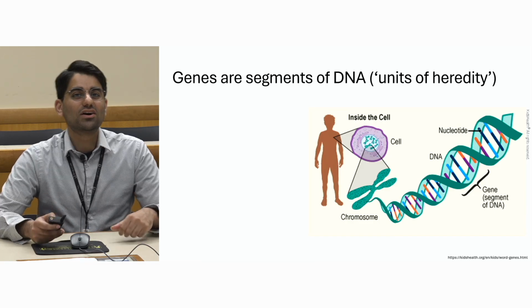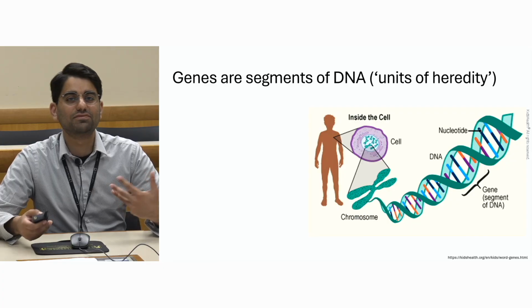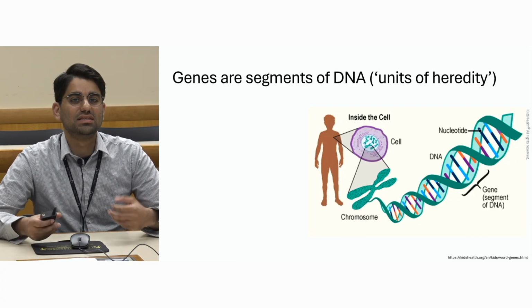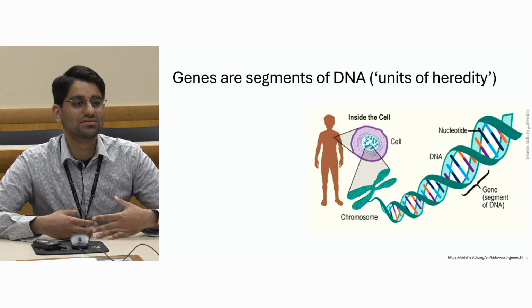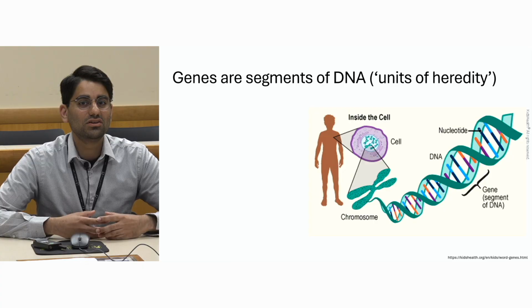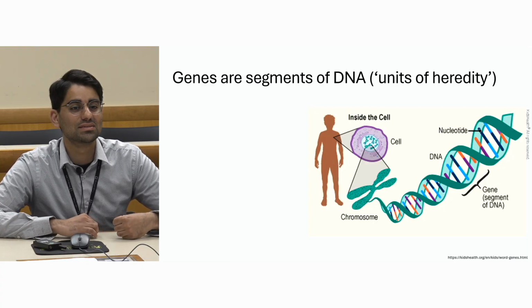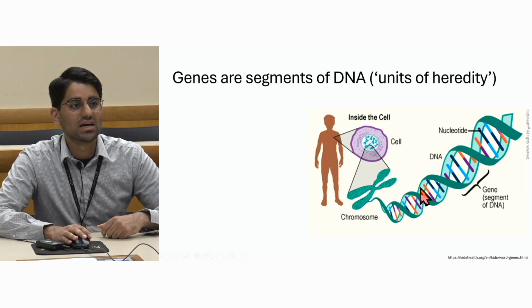So genes are segments of DNA, and if you look up the definition, you'll find that it says the unit of heredity. What this means is, to take a step back, our body is composed of trillions of cells. If you zoom in on each of these cells, at the center, you'll find something called the nucleus. Within the nucleus, you'll find these X-shaped objects, which are called chromosomes.